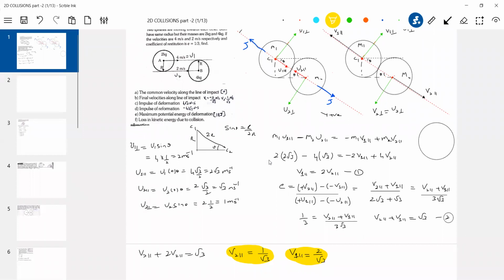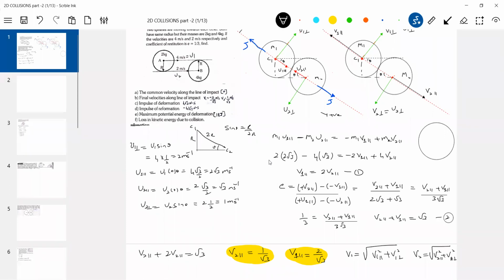And now what is V1? V1 equal to the square root of V1 parallel squared plus V1 perpendicular squared. V2 equal to V2 parallel. So from this, we'll get the final speeds or the final velocities along the line of impact.